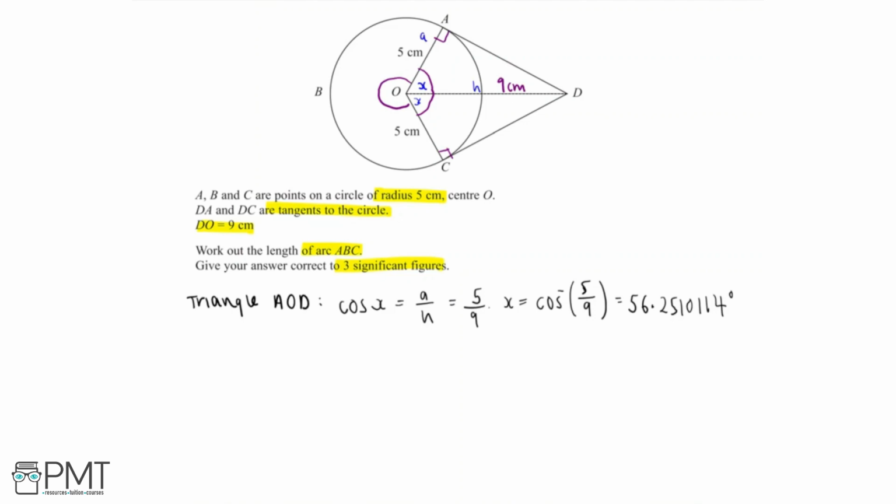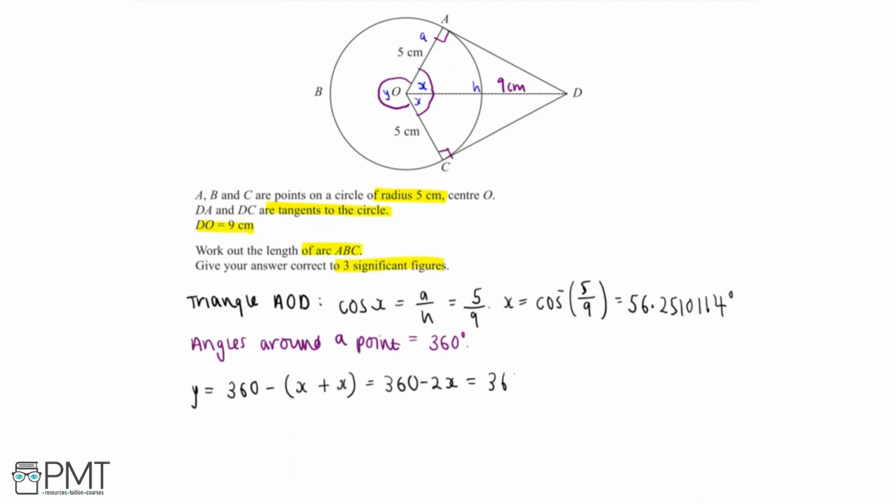this in order to find the angle needed to find the length of arc ABC, and we'll call this angle Y. And so given that angles around a point is equal to 360 degrees, we can say that the angle Y is equal to 360 take away X plus X, which is 360 minus 2X, which is now equal to 360 minus 2 times 56.2510114.